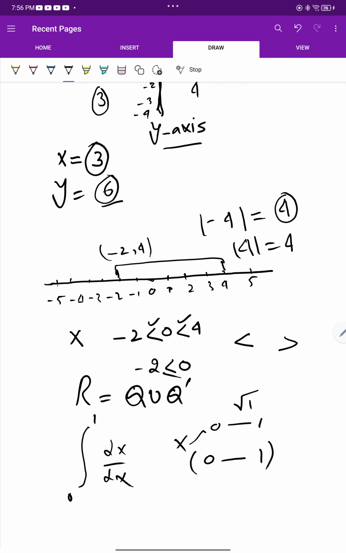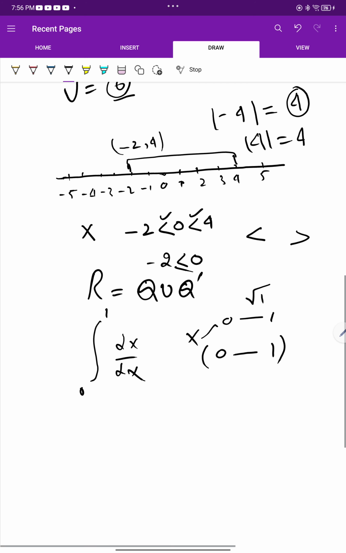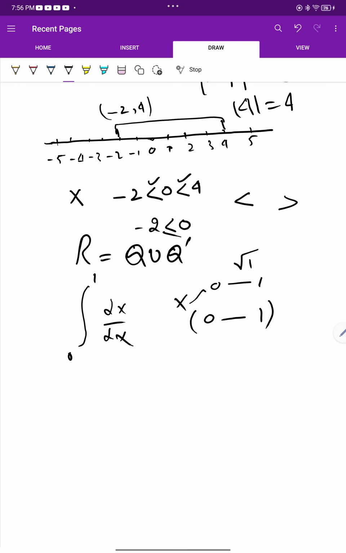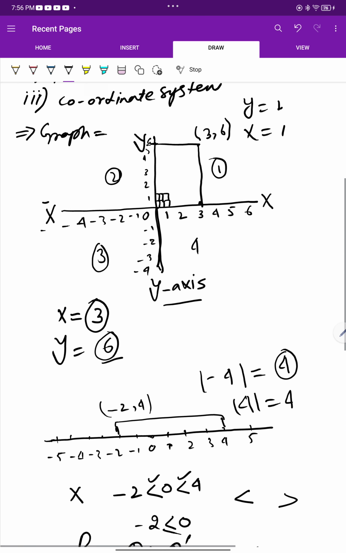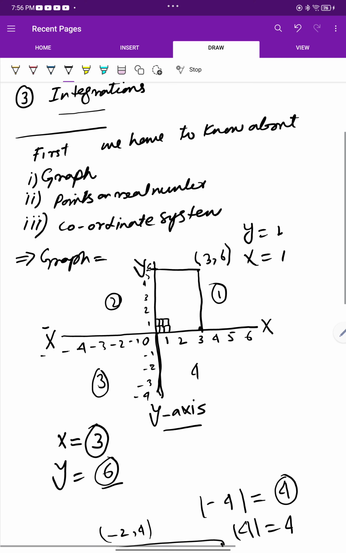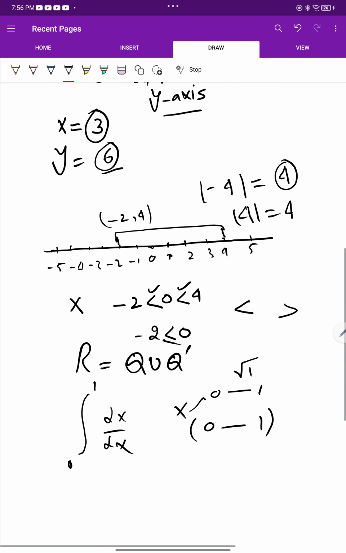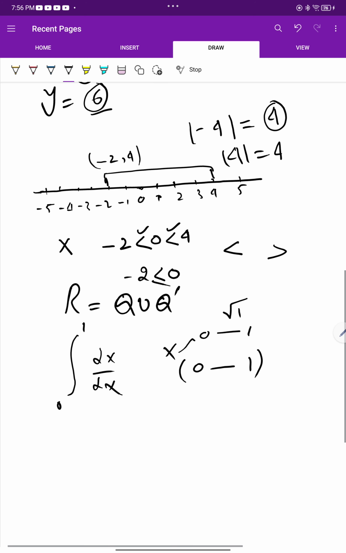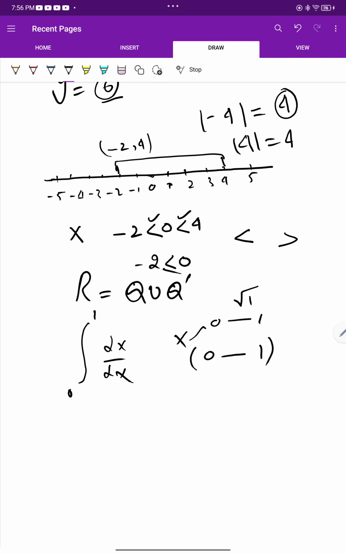There are different definitions for this one. So this is called function and limit. Graph points, I have to give another lecture regarding this.